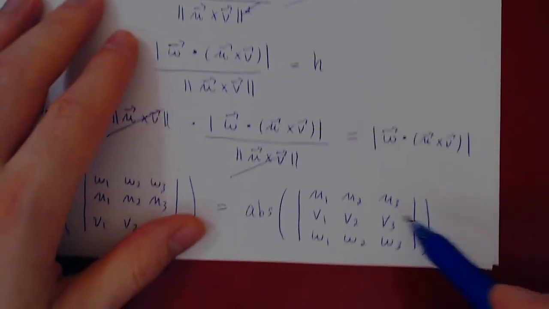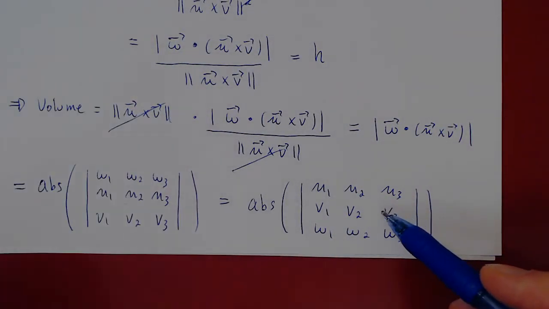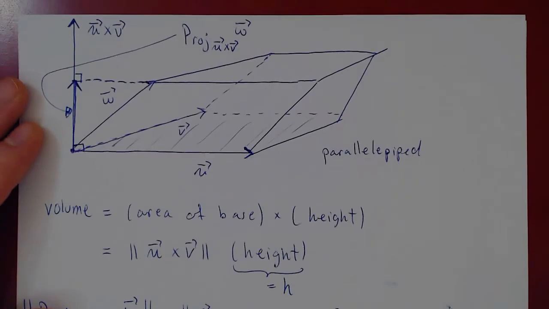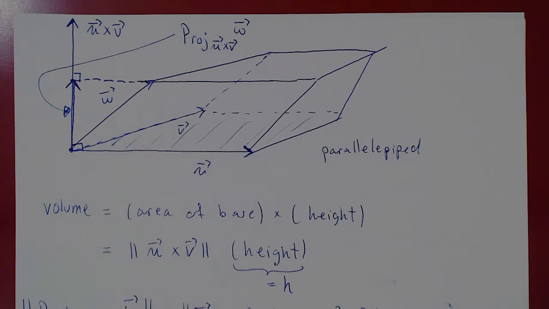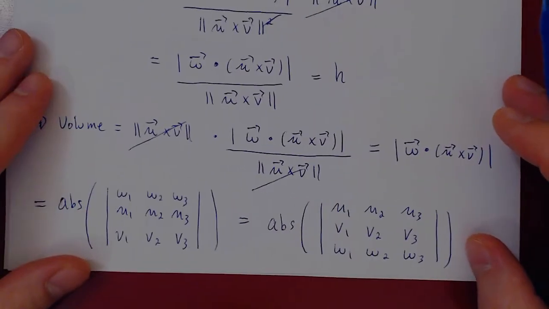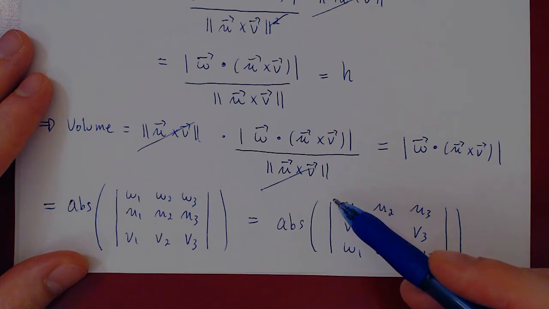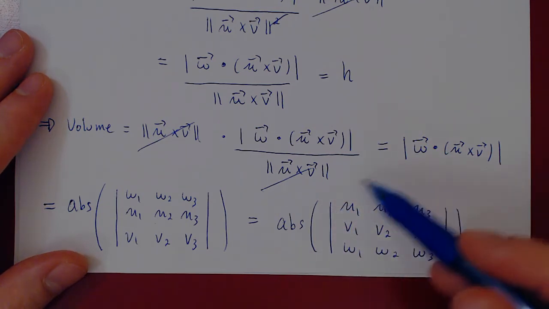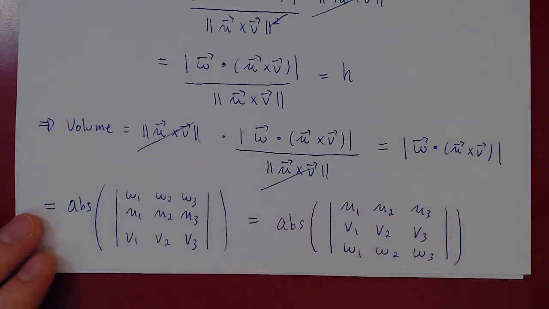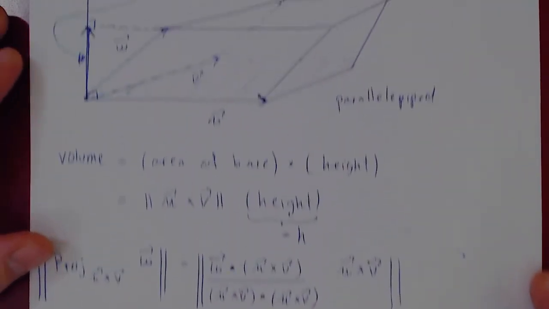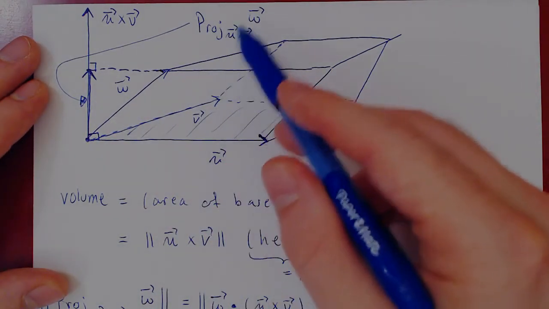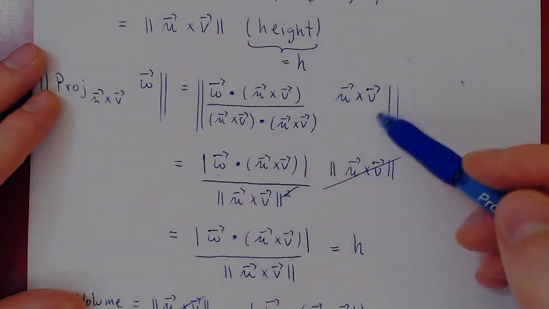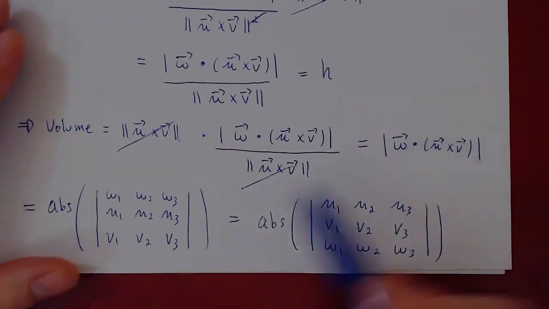But if the determinant is 0, your volume is 0, therefore you have no solid, and all three vectors must be lying on the same plane. And as we have said earlier in the course, the absolute value of the determinant of a 3x3 matrix gives you the volume. And that's it. One really nice application, if you go back, of the cross product, the dot product in the orthogonal projection, and properties of the norm, and finally of the scalar triple product.